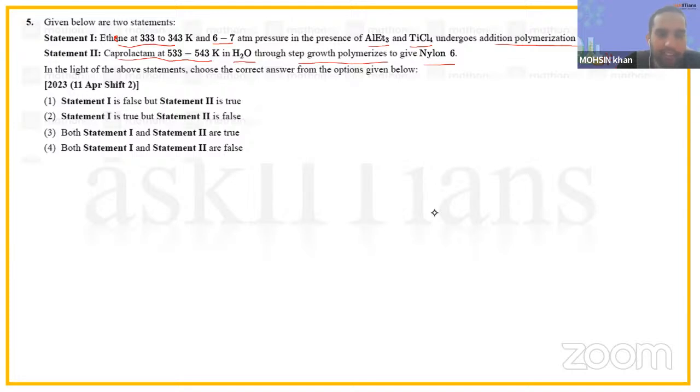Now nylon 6. Nylon 6 we have to prepare. So what is caprolactam? I will draw this structure.